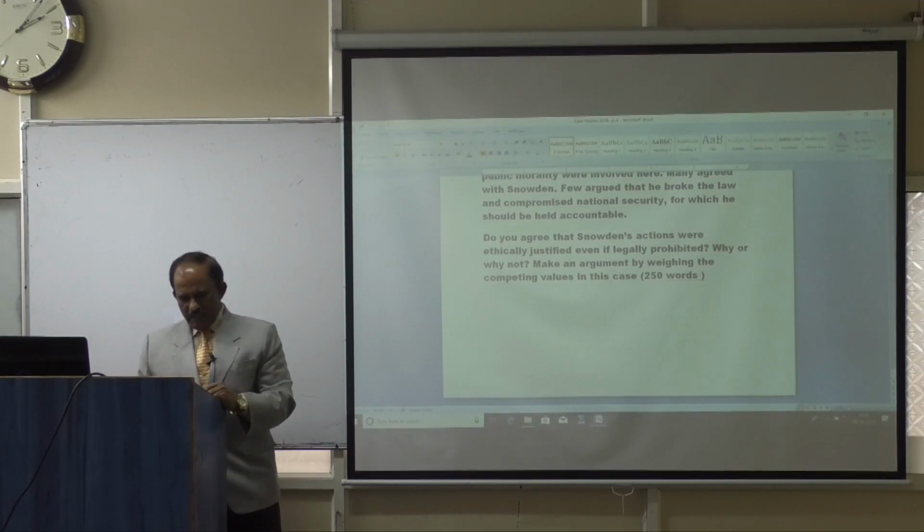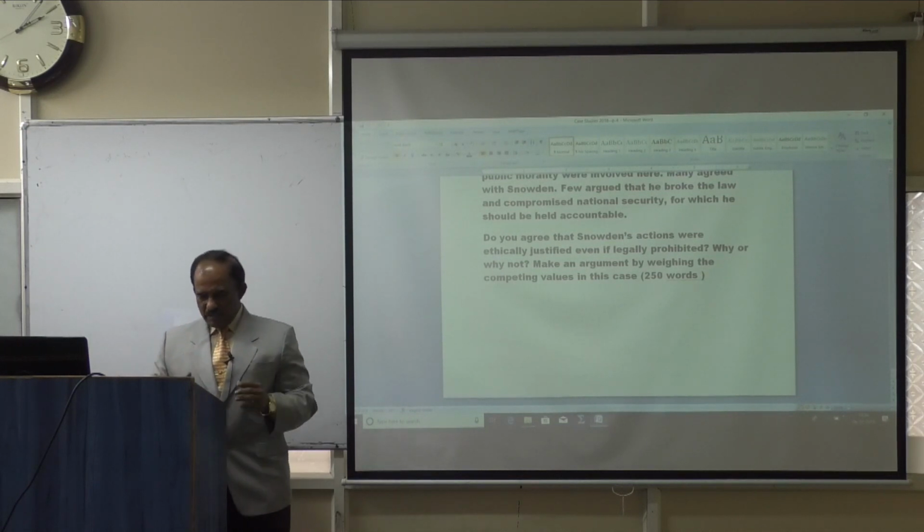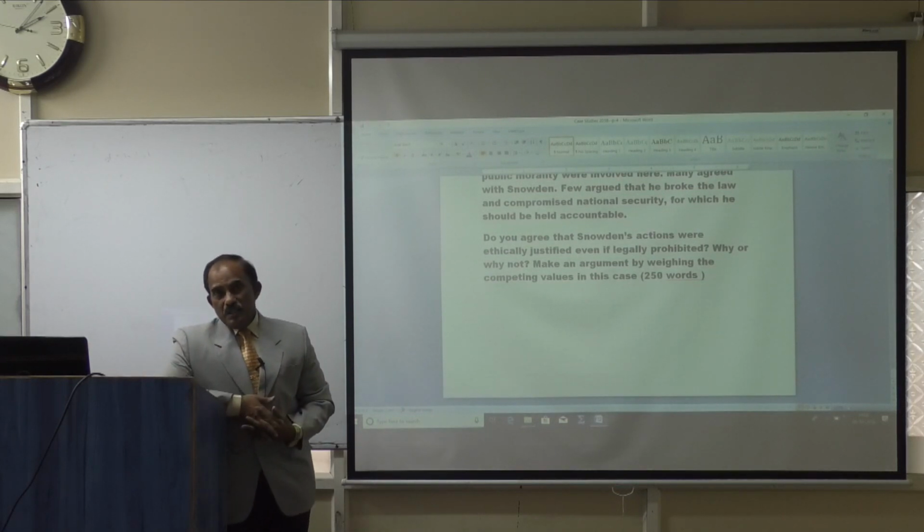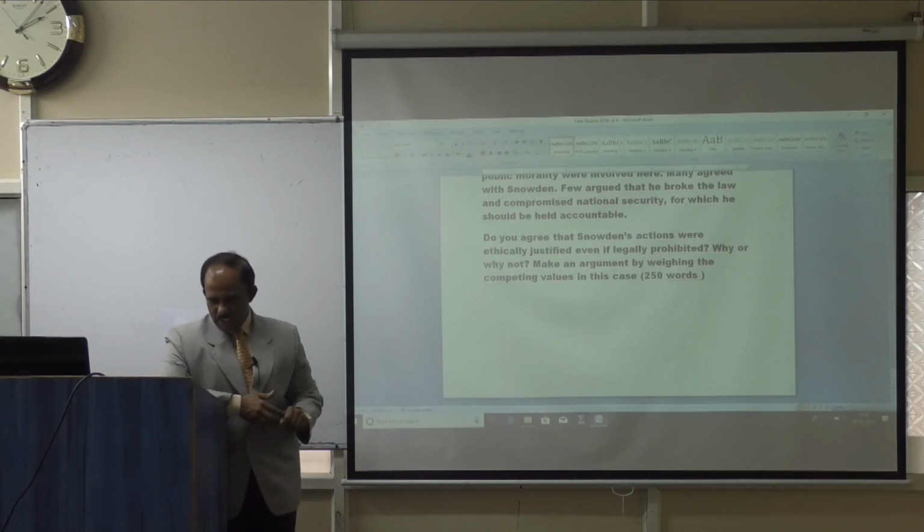To write the case study, we can do it like this. The case study relates to probity in governance. It's the procedural integrity which anybody has to follow, so it comes under probity in governance.